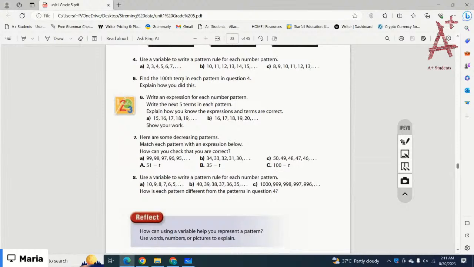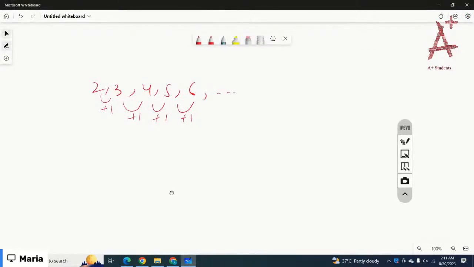So that means you're going to start with 2 and you're going to add 1 every time, right? Start at 2 and add 1 each time. So for each next number, you have to add 1, right?